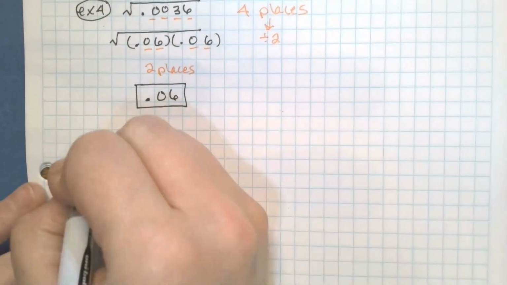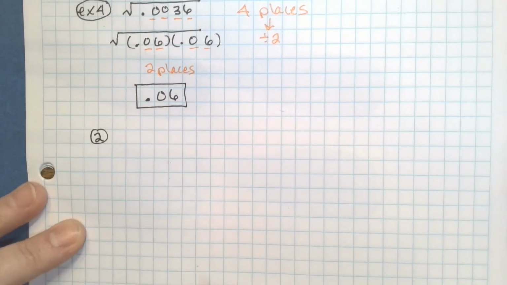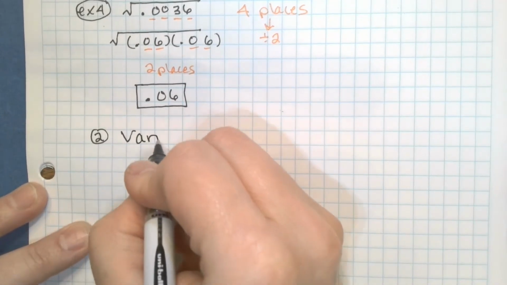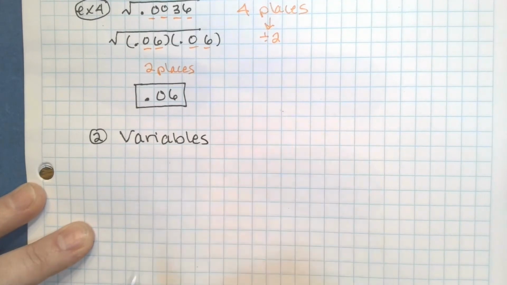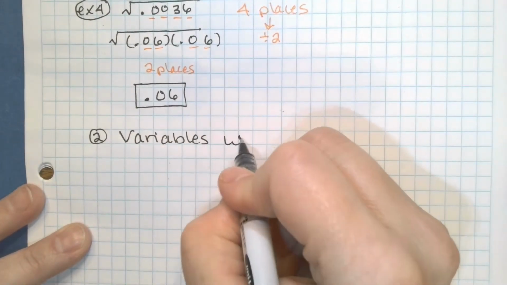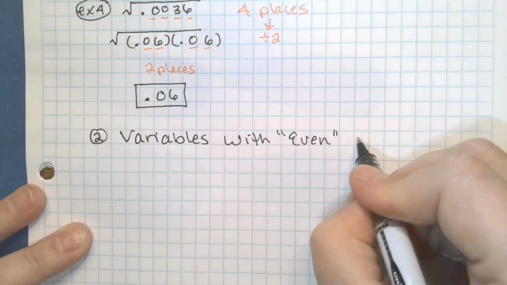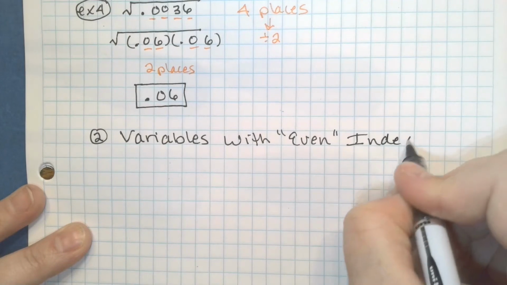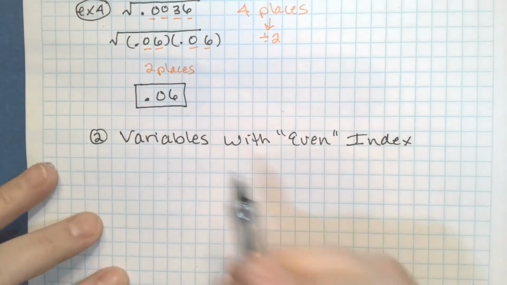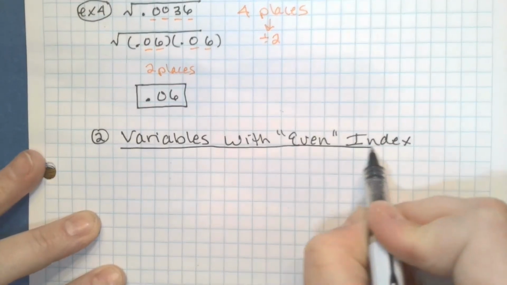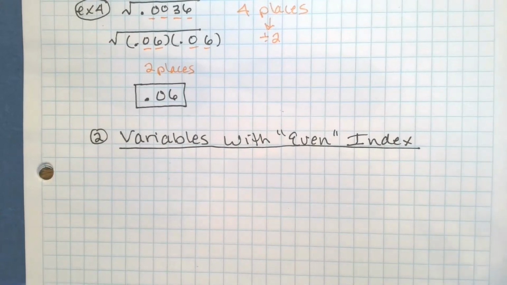Moving on, part 2, we're going to simplify variables. And variables are broken into 2 categories. The first one is with what we call an even index. An even index means, of course, you're going to have a root 2, root 4, root 6, root 8, all even numbers.